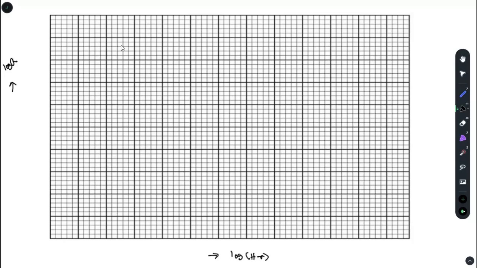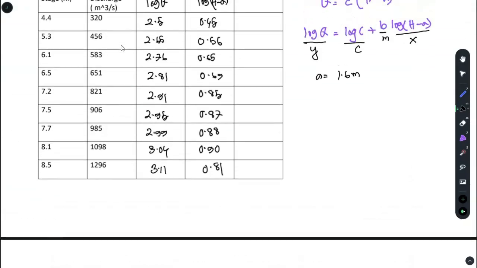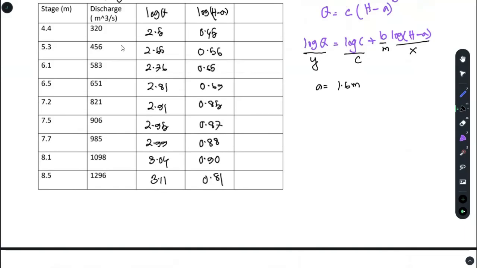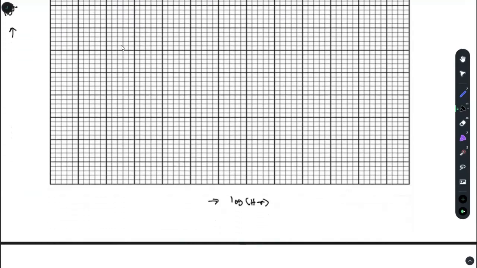The highest value of log (H minus A) is 0.81. The lowest one is 0.45, and for log Q, the lowest point is 2.5 and the highest point is 3.1.